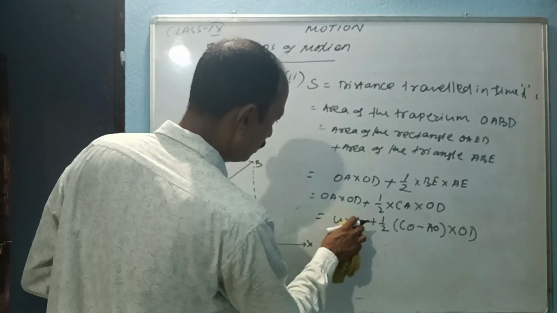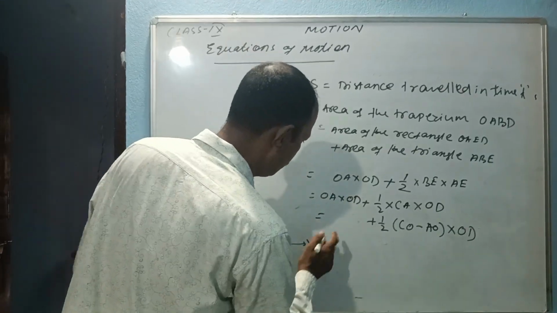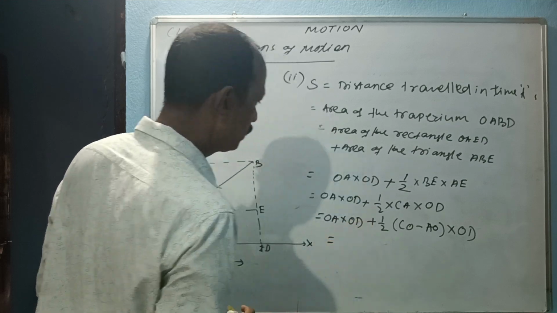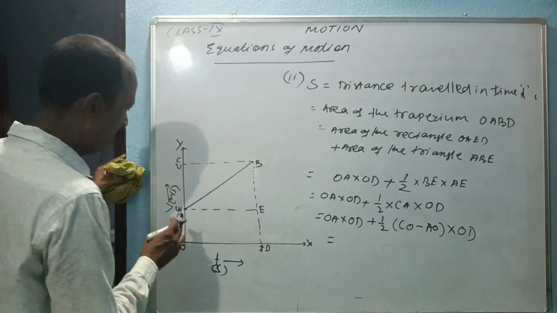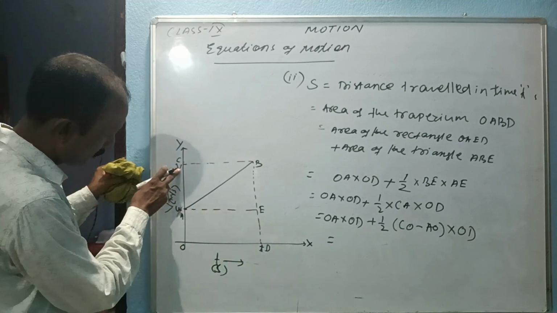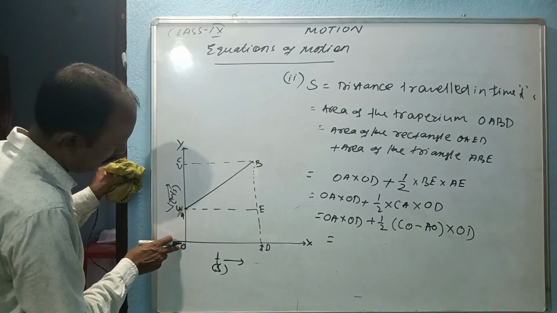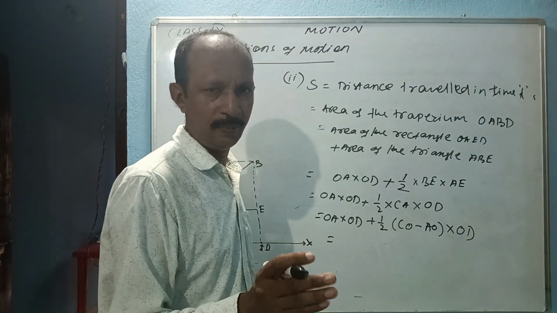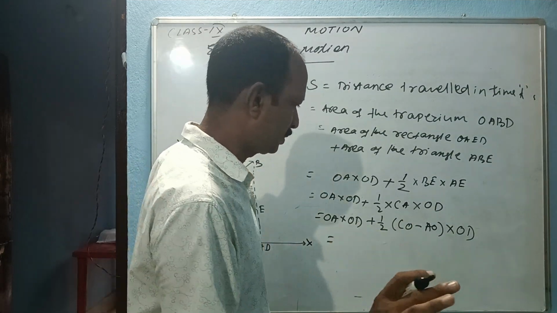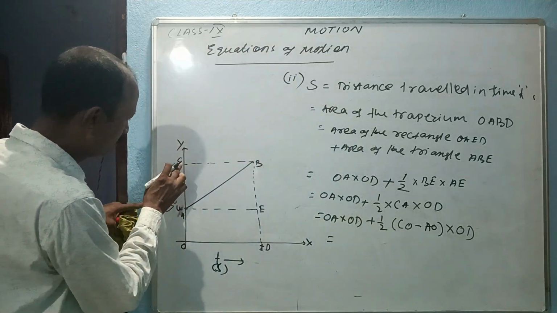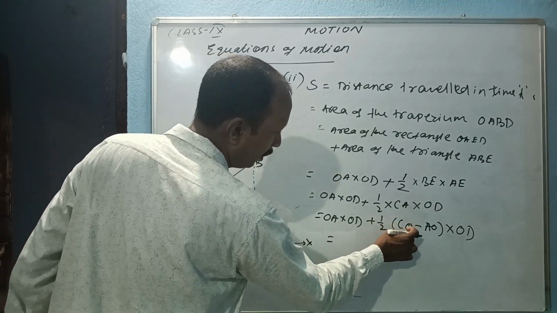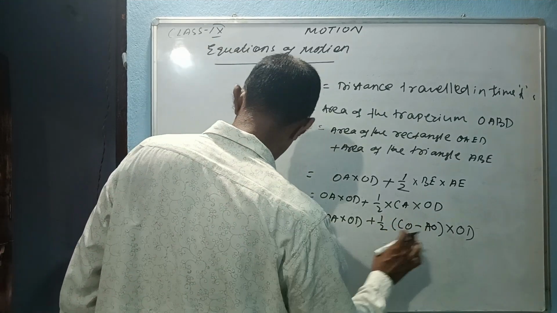Okay. So it is better, next step I shall change it, OA into OD, let it be like this. I have taken CO minus AO in place of CA because I want to bring the relation between U, V, A, T like these terms. So that's why I have used CO minus AO because it will give the V and U into OD.